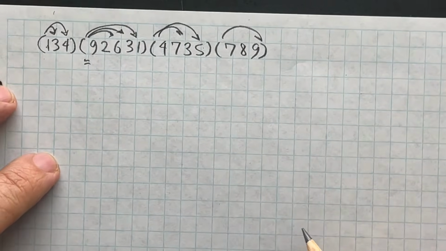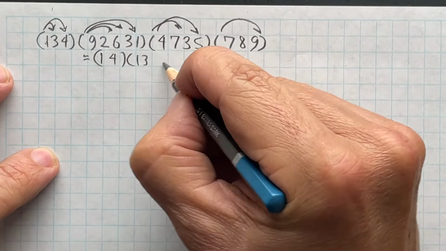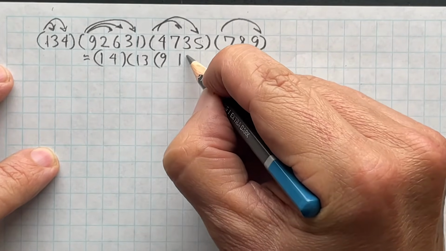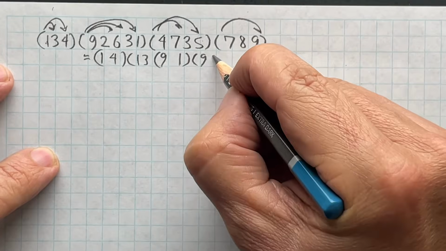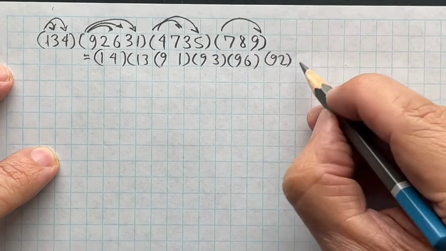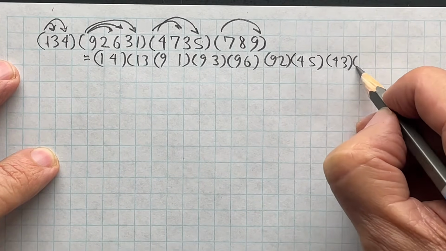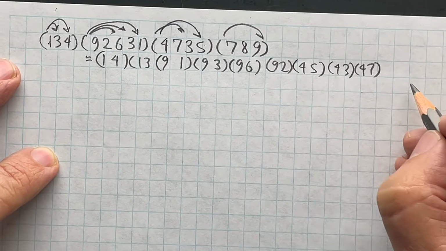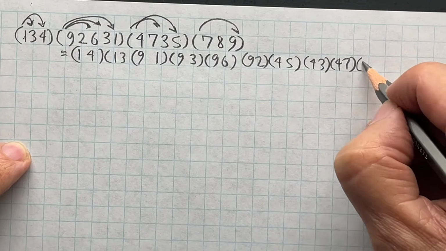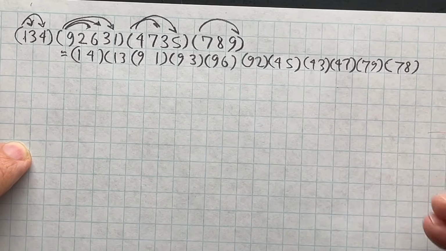So really that's going to write out to 1, 4, 1, 3, 9, 1, 9, 3, 9, 6, 9, 2, 4, 5, 4, 3, 4, 7, 7, 9, 7, 8.